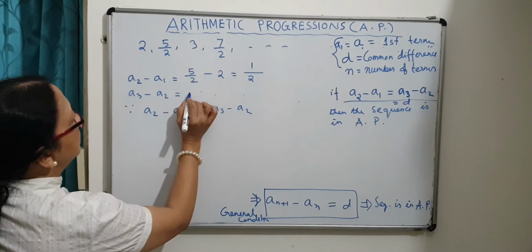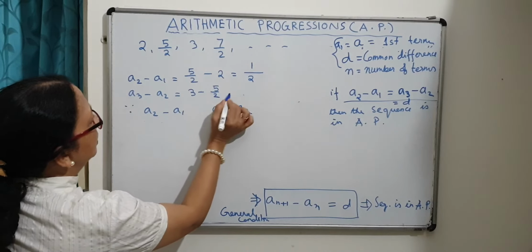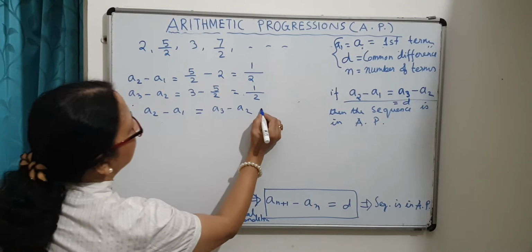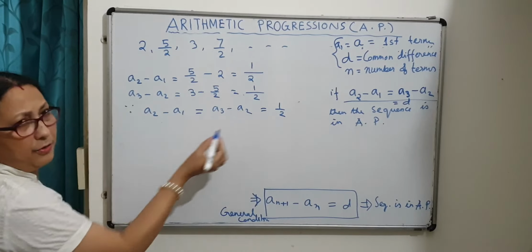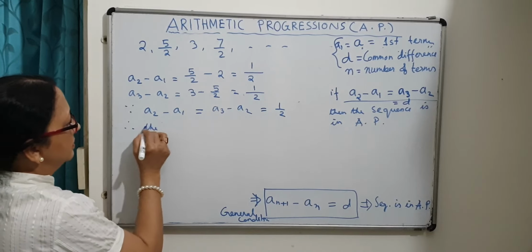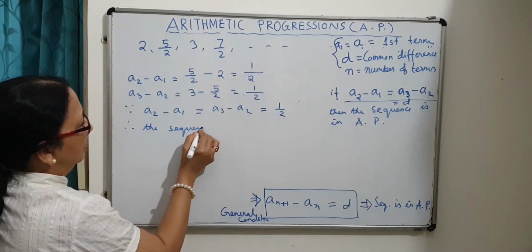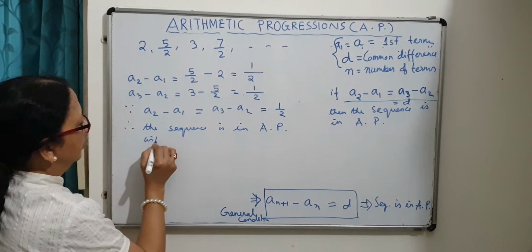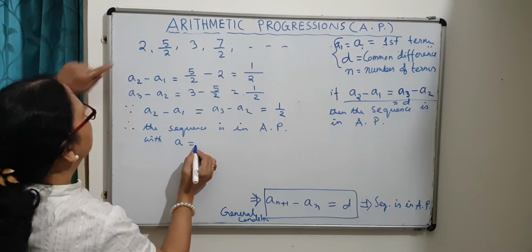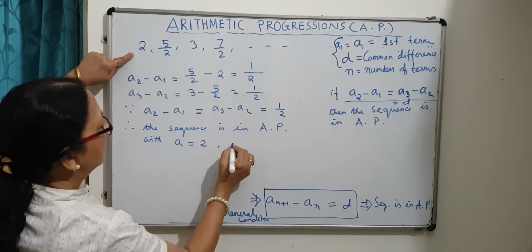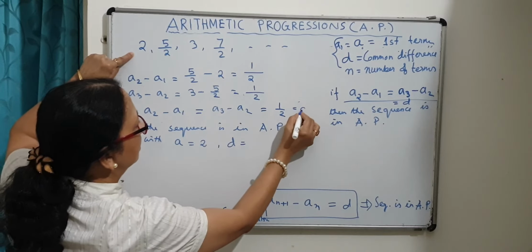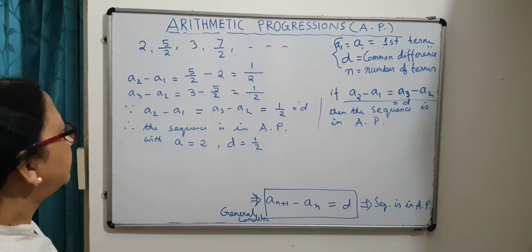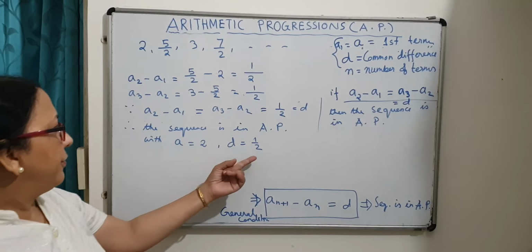And A3 is 3, A2 is 5 by 2, so it is 6 minus 5 over 2, half. Here they are coming out the same, both differences equal to half. Therefore we say the sequence is in AP with the first term A equal to 2 and the common difference D equal to half. So in this way we check. Here D is a fraction.